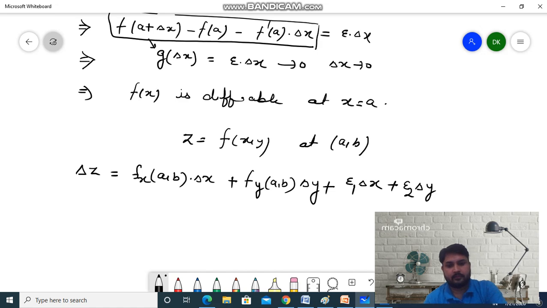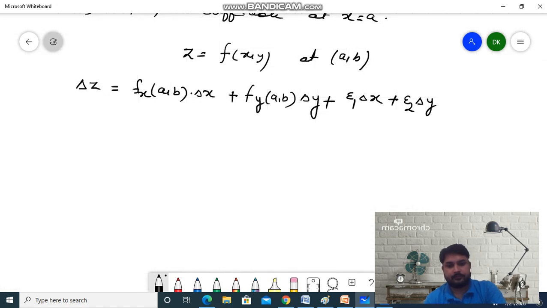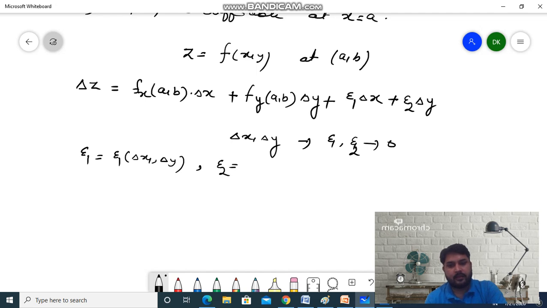When del x, del y tend to 0, epsilon 1 and epsilon 2 also tend to 0, where epsilon 1 and epsilon 2 are functions of del x, del y.